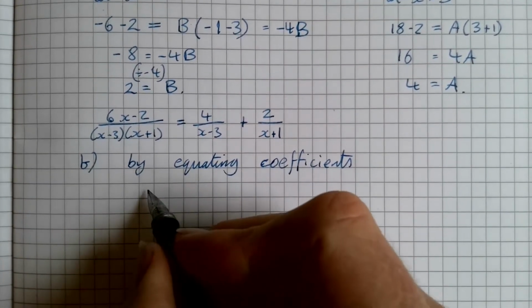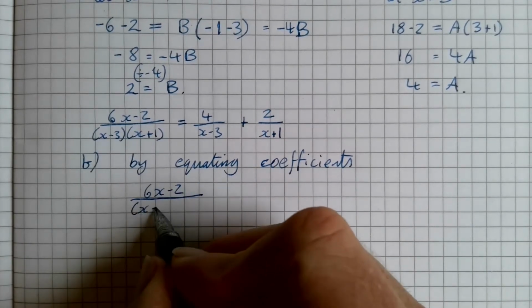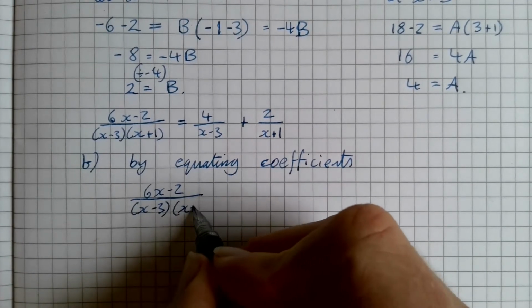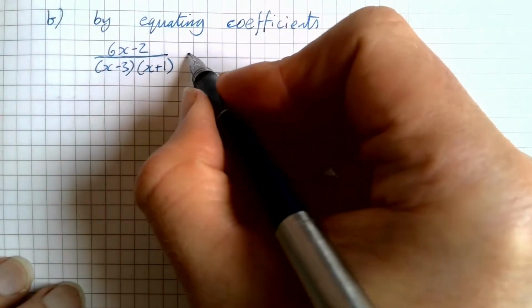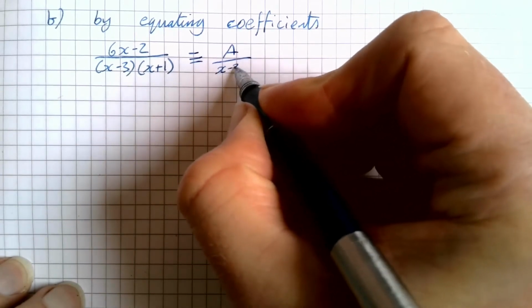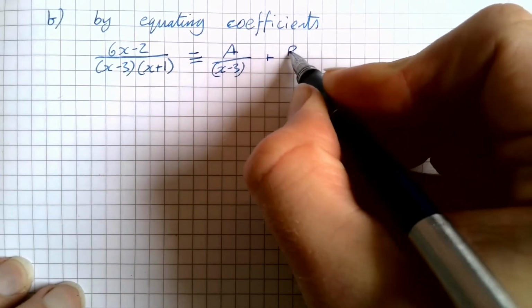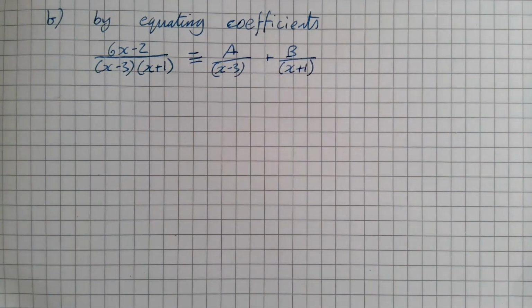What was our question again? It was 6x minus 2 over x minus 3 x plus 1. And we're still wanting to say that's going to be identical to a over x minus 3 plus b over x plus 1.